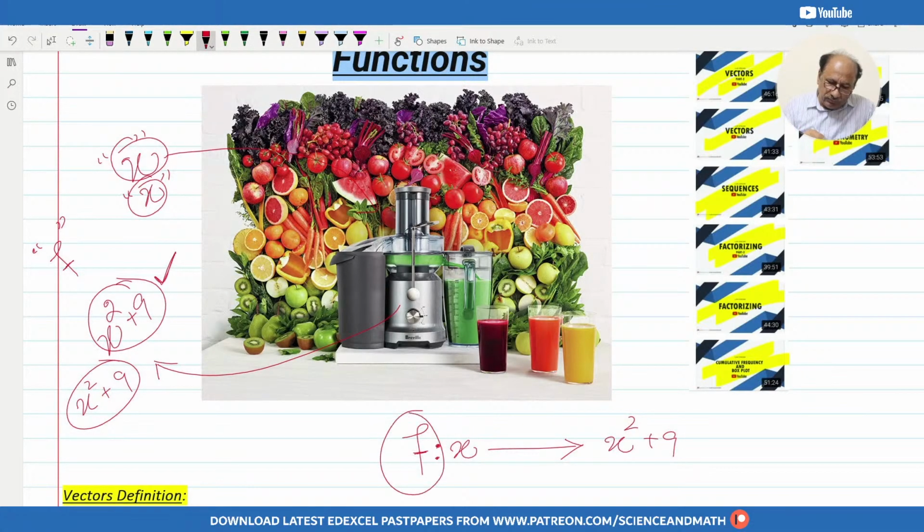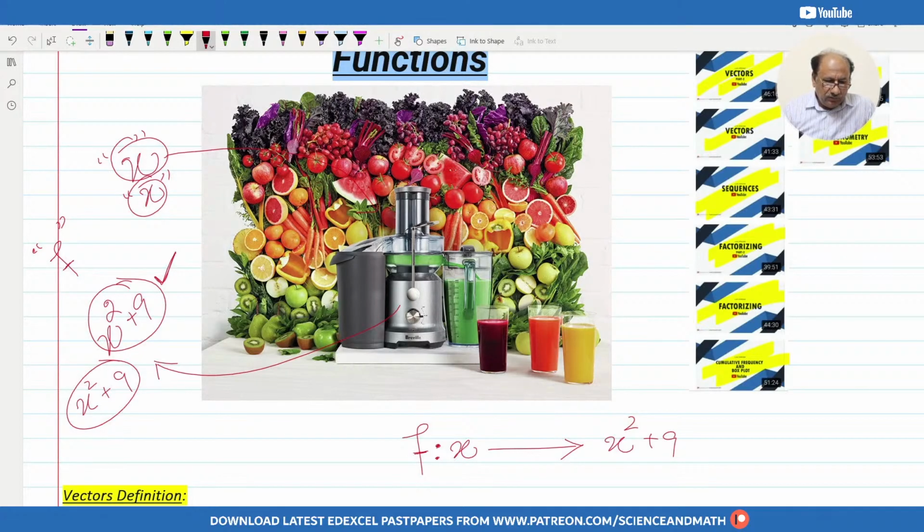So this machine is working on x, and for each x it provides us x square plus 9. So I have cleared your concept. Concept clarity is very important, that is, what functions are.